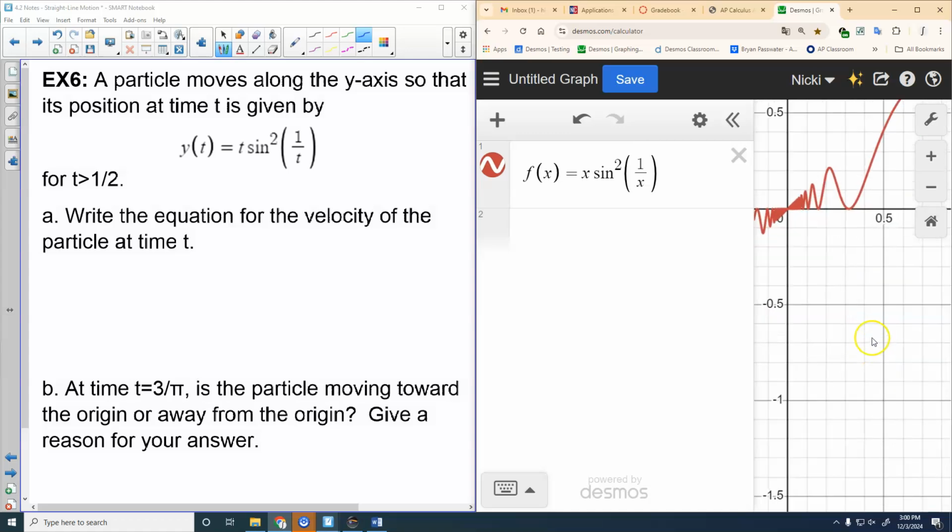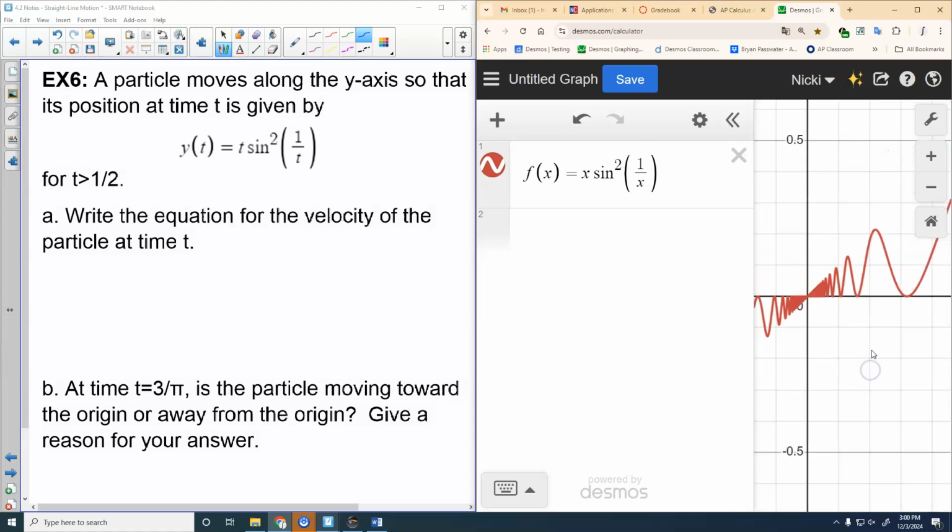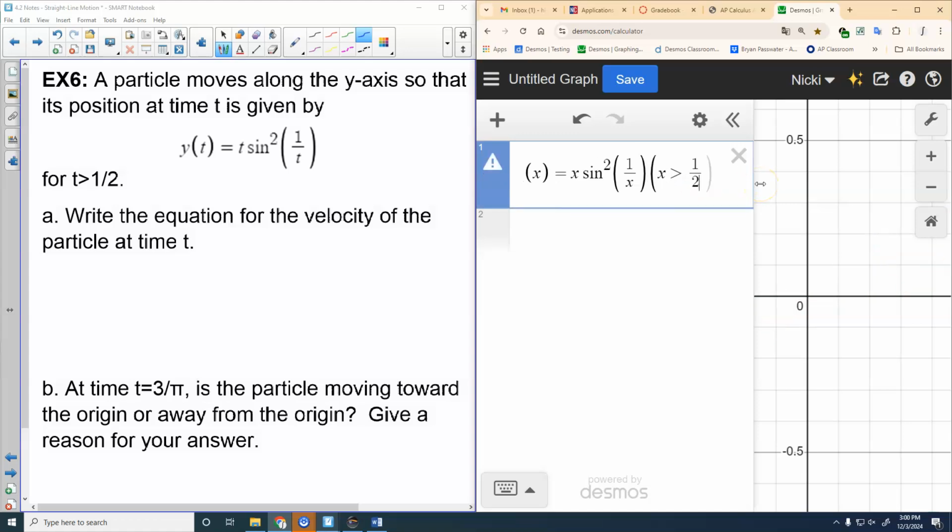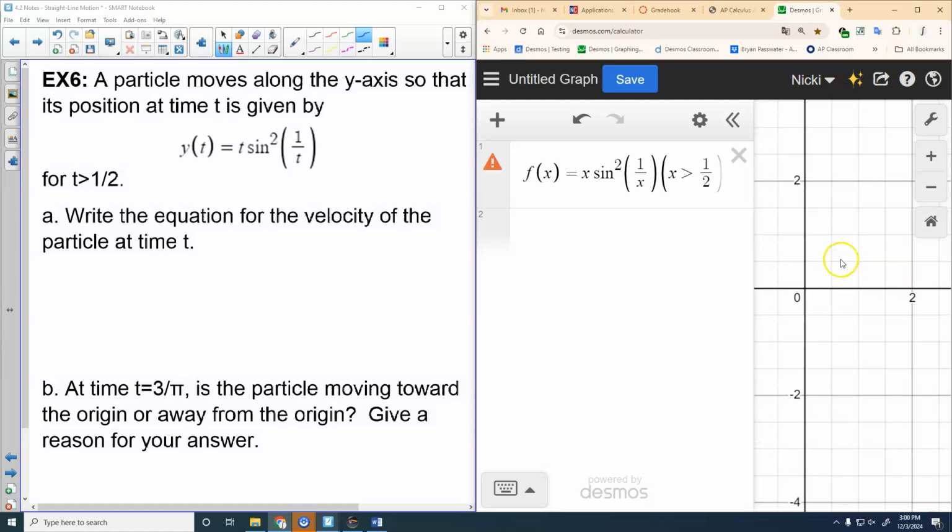Oh, wow, look at this graph. That's crazy. All right, this says that x is greater than 1/2, or t is greater than 1/2. Why is it not? Oh, yeah, I gotta do squiggle brackets, thank you.